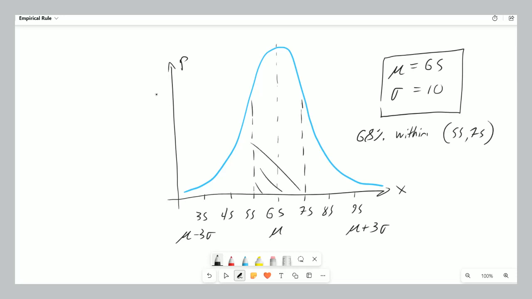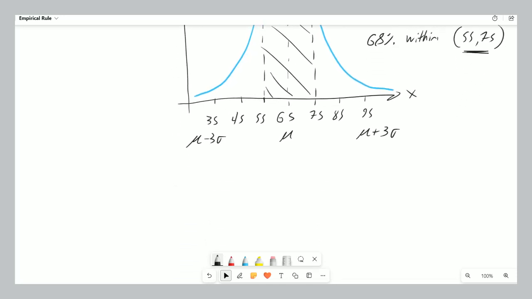And because probability corresponds to the area under the curve, if 68% of students are expected to score within that range, what does that mean? It means if we randomly select a student, there's a 68% chance that the student's grade is within that range. Another way of saying that, the area under the curve of the normal distribution between 55 and 75 is going to be 0.68 approximately.